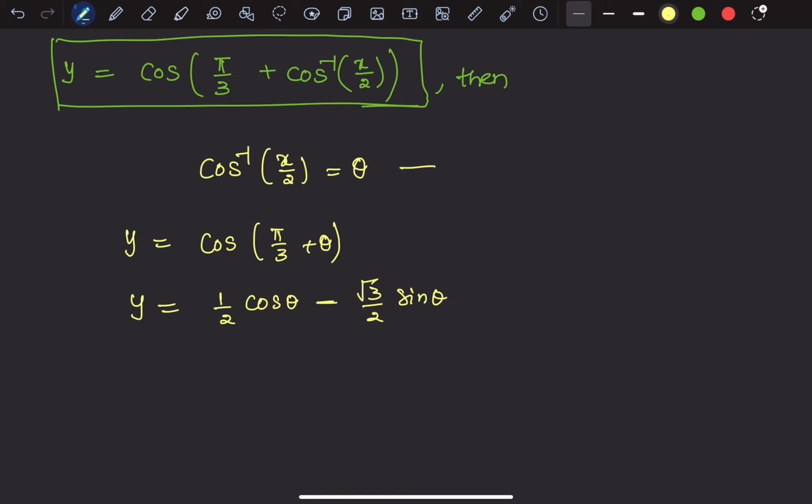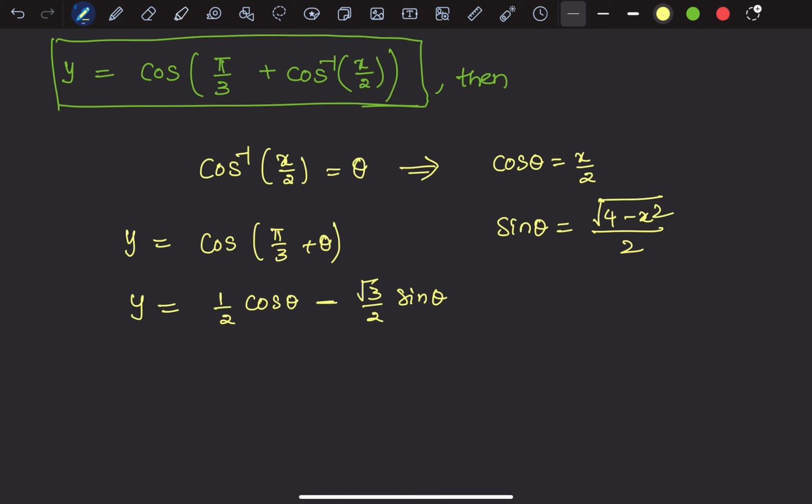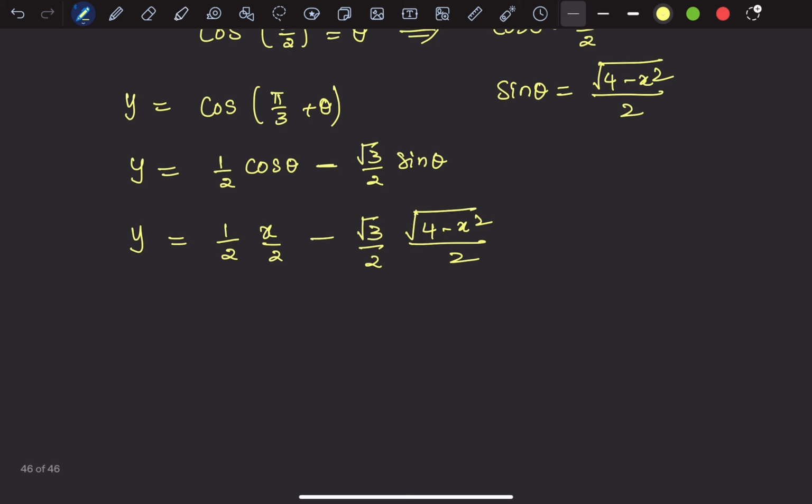Alright. So from this we get cos theta is equals to x by 2. So we can write sin theta is equals to root of 4 minus x square by 2. Alright. So you can substitute those values here. 1 by 2 into x by 2 minus root 3 by 2 into square root of 4 minus x square divided by 2.